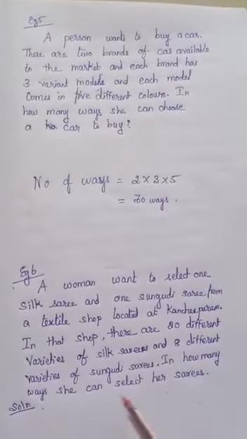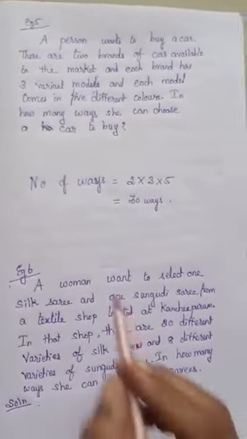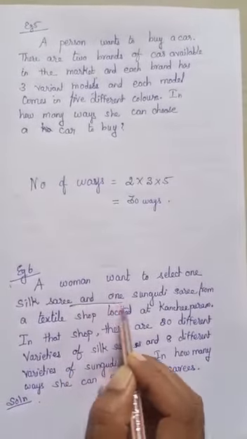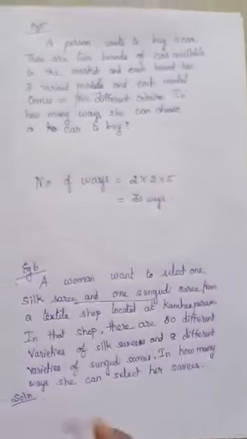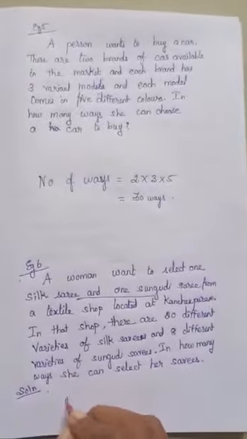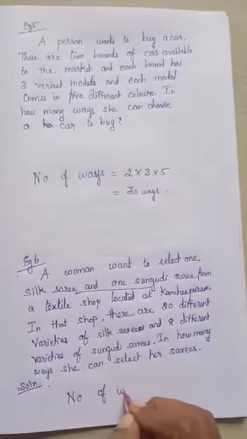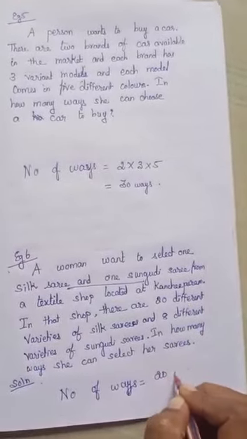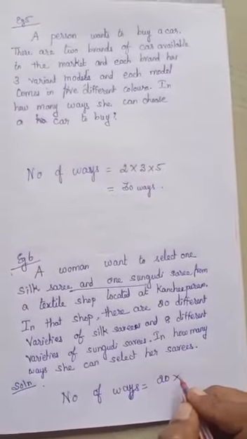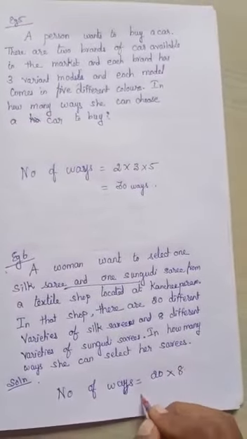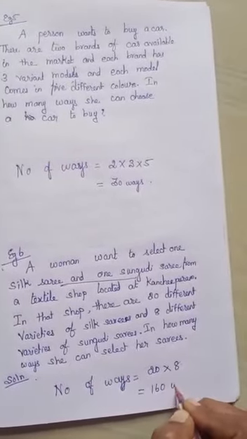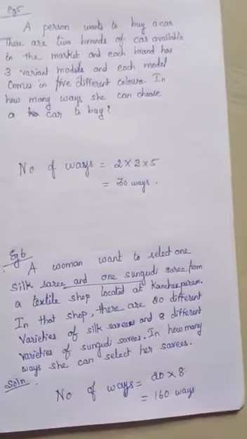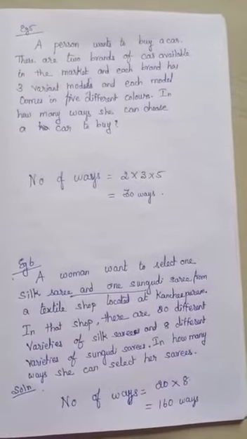In how many ways she can select her saree? See, she needs silk saree as well as Sungudi saree. So, what about the number of ways? Silk saree is 20 models, and Sungudi saree 8 is there. So 20 into 8 is equal to 160 ways. Is it clear?